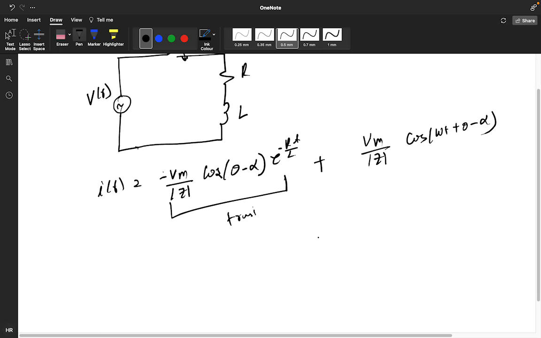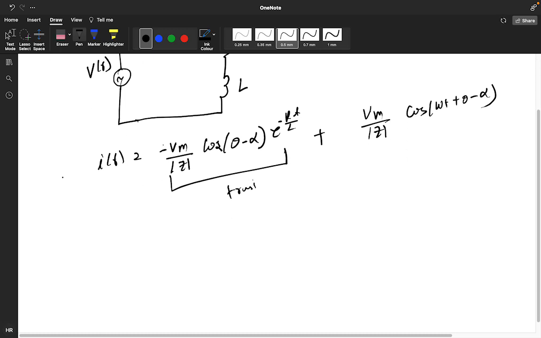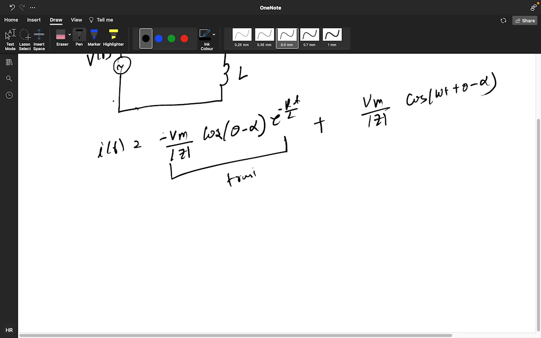Now if the function is a cos function and you want to make it a transient free response, how will it be possible? Theta minus alpha equals 90 degree, because cos 90 degree is 0. So cos theta minus alpha is equal to cos pi by 2.